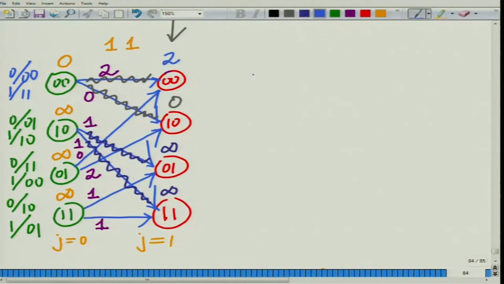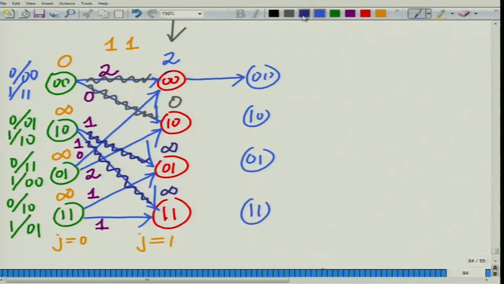For instance, again I draw the next stage of the trellis.